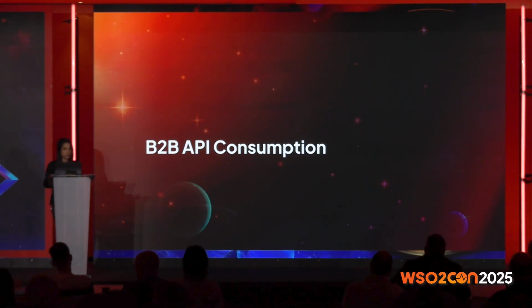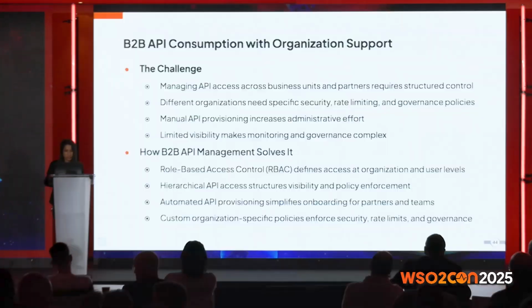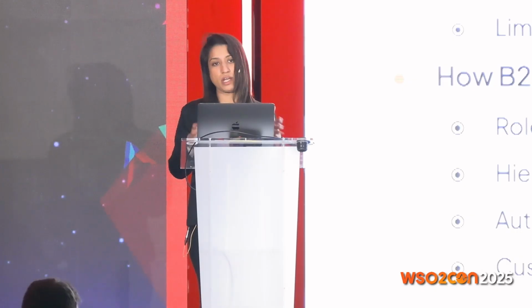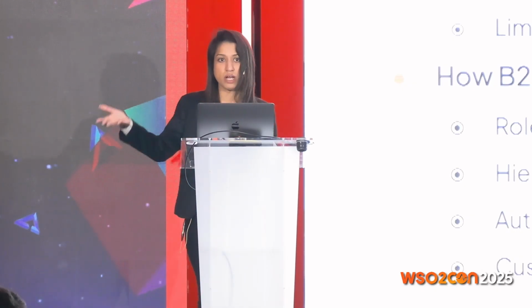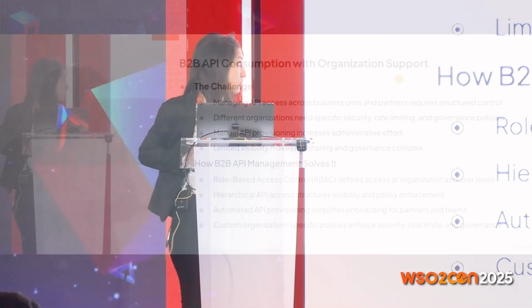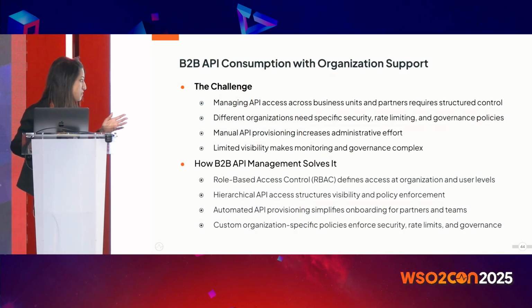feature we wanted to show you was B2B API management. It's about how you can share an API with multiple partner organizations. So I'm not going to explain the challenges, but basically how we tried to resolve it is we can define different access controls for organizations and user levels.